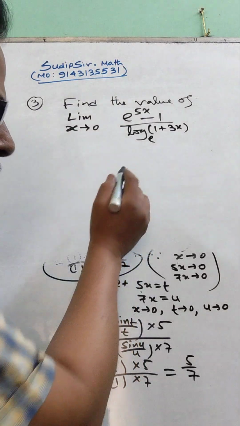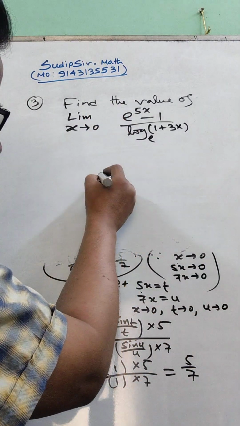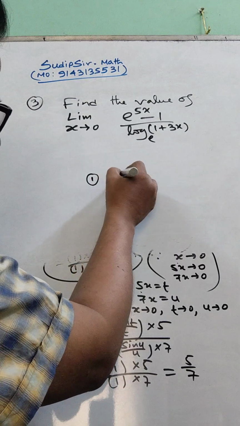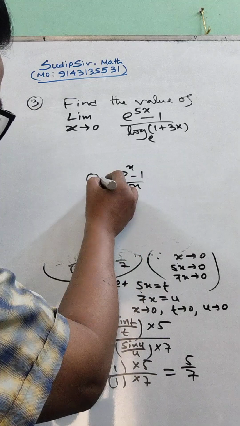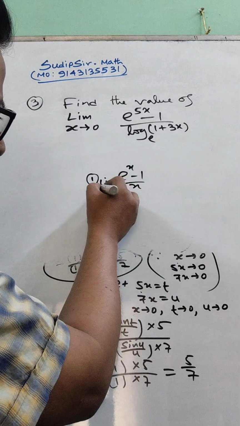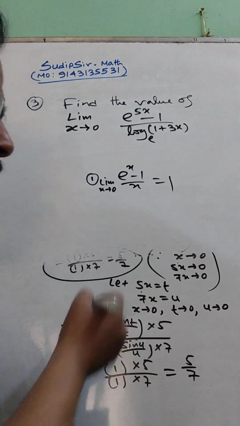Now first we have to remember the standard formulas or standard limits. Number 1, standard limit was e to the power x minus 1 by x. If limit x tends to 0 of e to the power x minus 1 by x, then this will be 1.